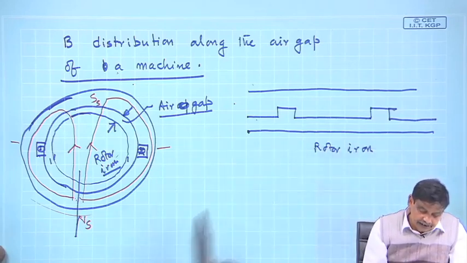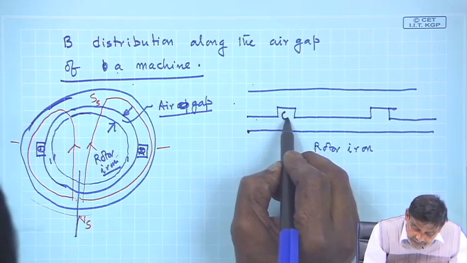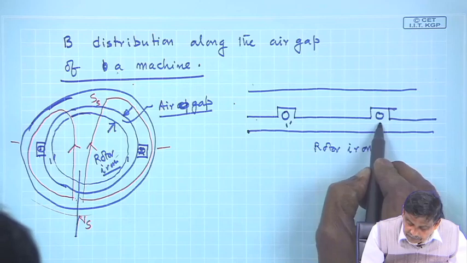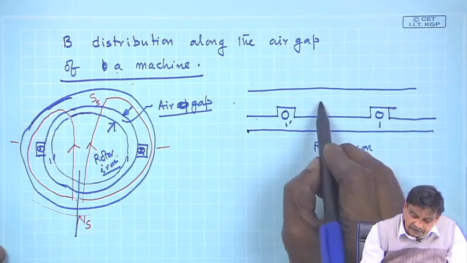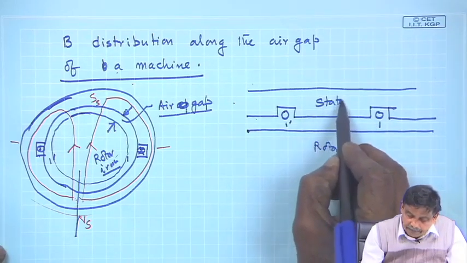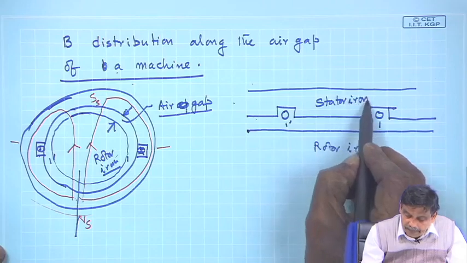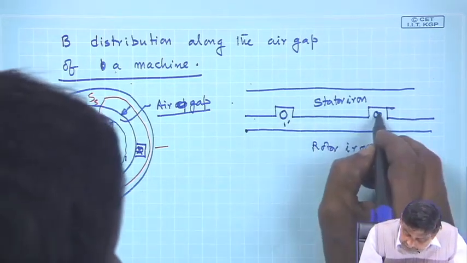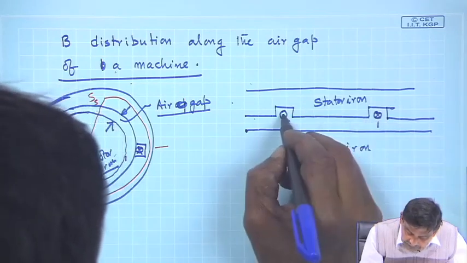I think you have got the idea, and here is 1 dashed and here is 1, is it not? This is stator iron, and I have assumed the current as cross and this is start.